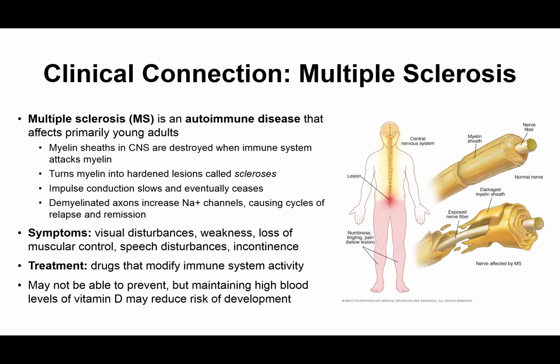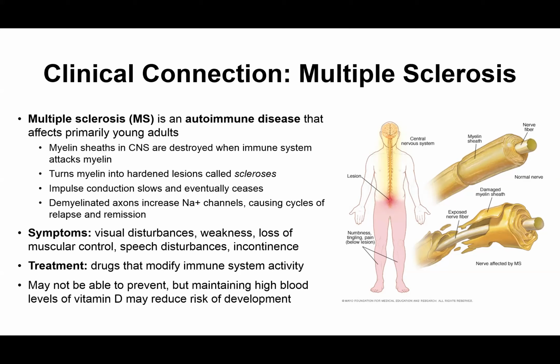Because we are breaking down myelin, that slows down our impulse conduction, and eventually impulse conduction is going to stop. Demyelinated axons increase the sodium channels, and this causes cycles of relapse and remission.